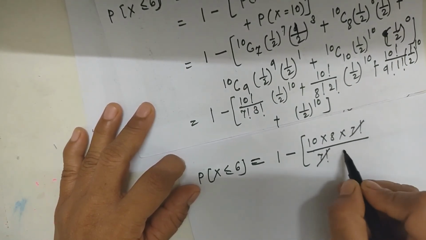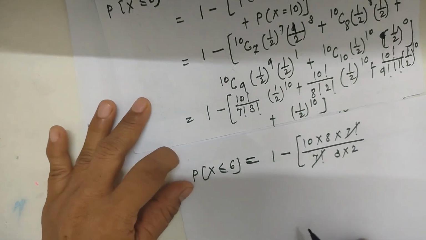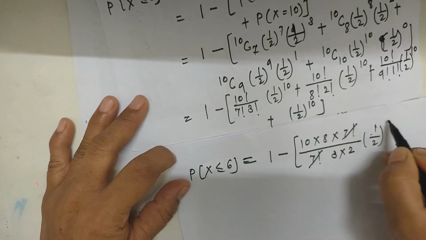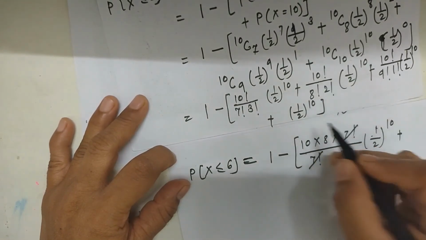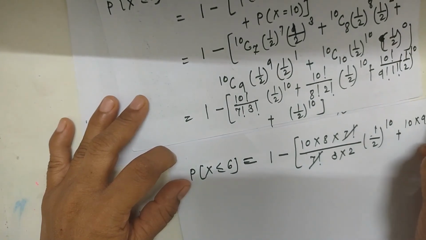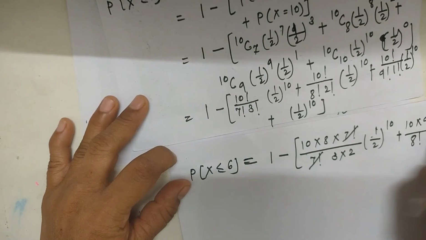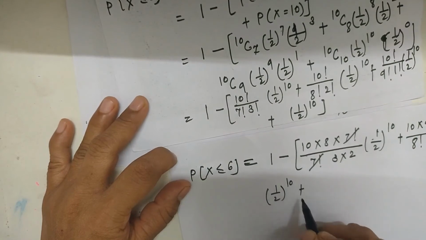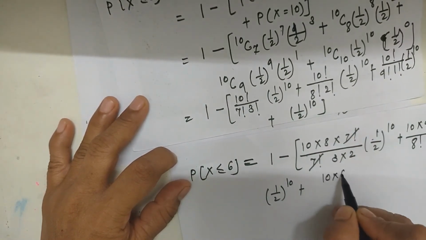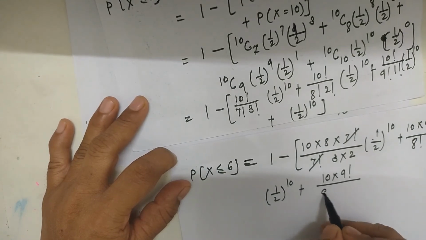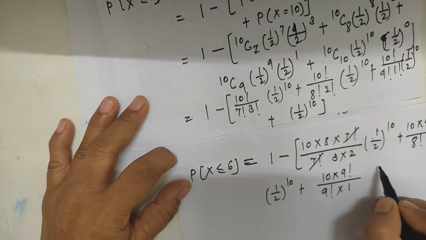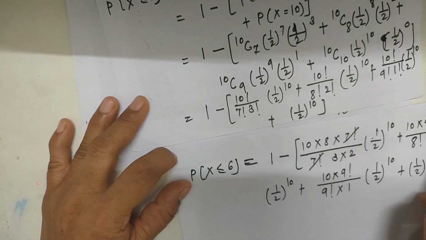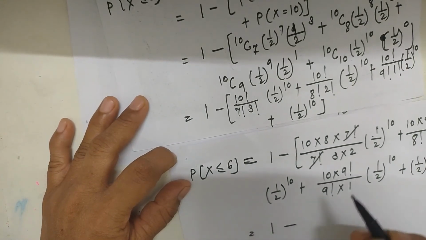Then 7 factorial will be cancelled. 3 factorial means 3 into 2, with half raised to 10 as common, plus 10 factorial in terms of 8 factorial, 10 into 9 into 8 factorial upon 8 factorial into 2 factorial, means 2 into 1, into half raised to 10, plus 10 factorial in terms of 9 factorial, that is 10 into 9 factorial upon 9 factorial into 1, into half raised to 10, and the last term is half raised to 10.